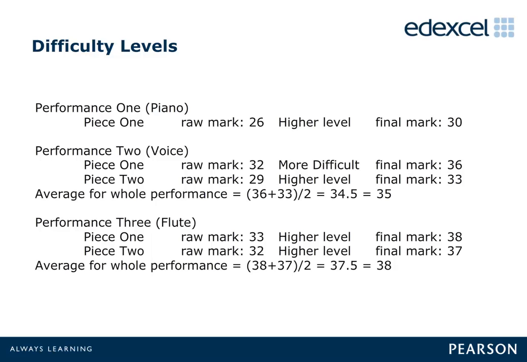The second piece is higher level, and so its raw mark of 29 is scaled up to 33. The average of these performances comes to 34.5 marks, which is rounded up to 35 marks as the final mark. Similarly, Performance 3 was of higher level pieces, so, by a process of averaging and rounding up, its final mark is 38.